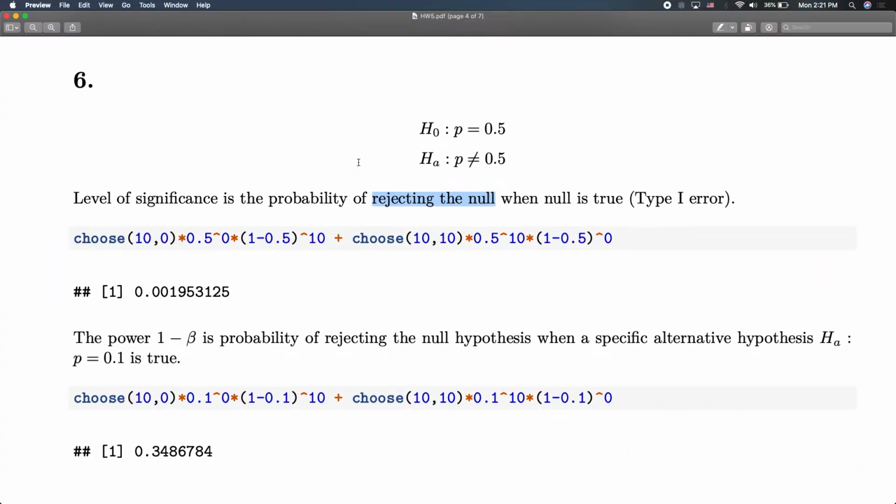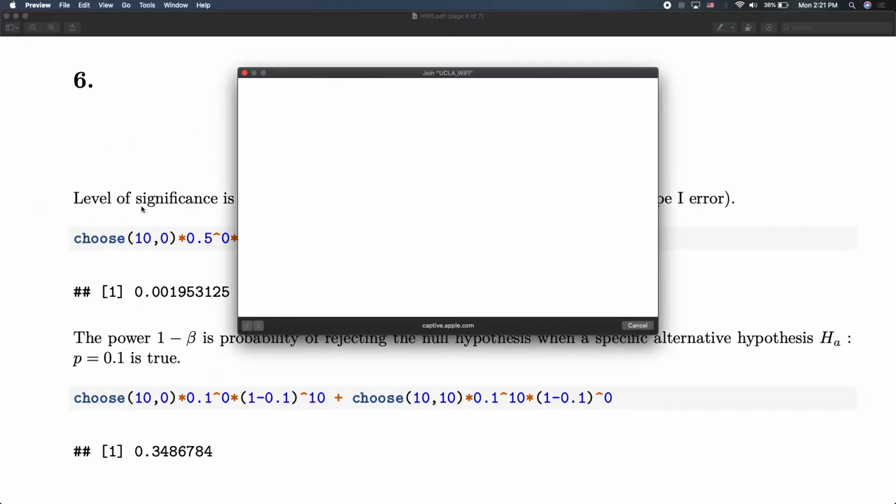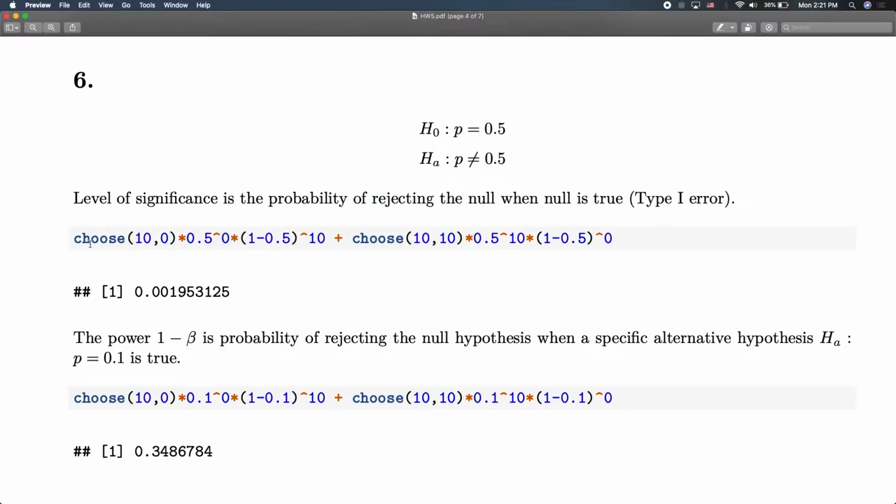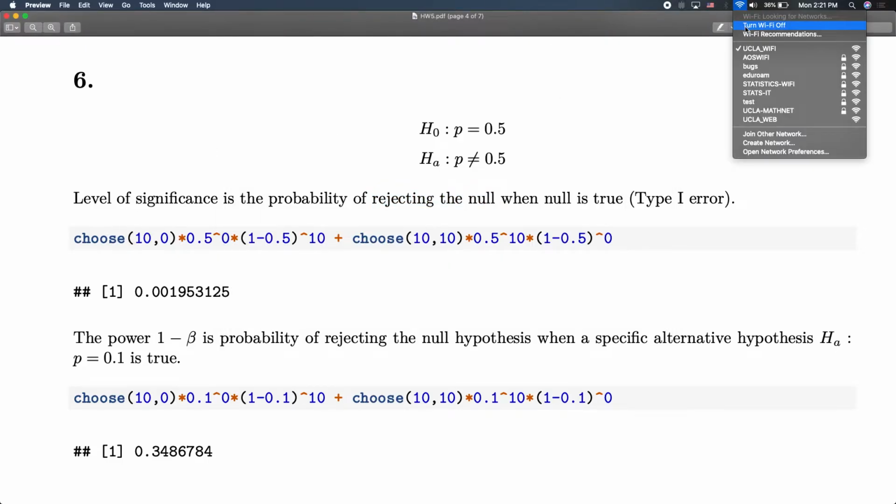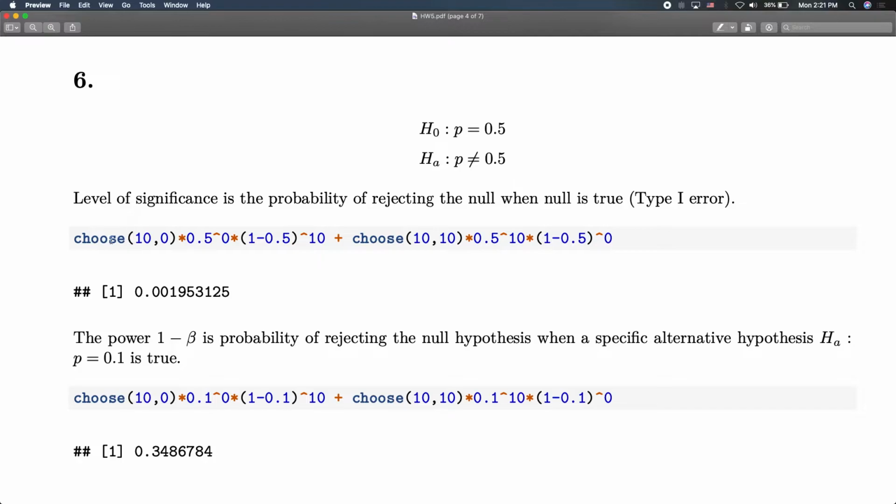So out of 10 tosses, observing a 0 and a 10 can be calculated by this probability here. So this is the density or the probability for a binomial when n equals 10 and then k equals 0. So the probability for observing 0.